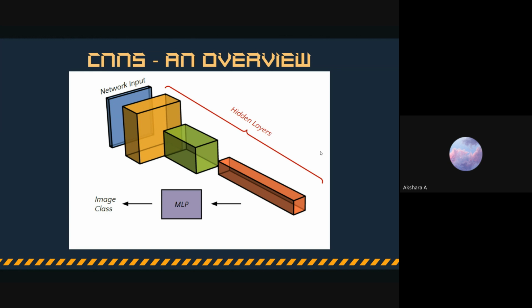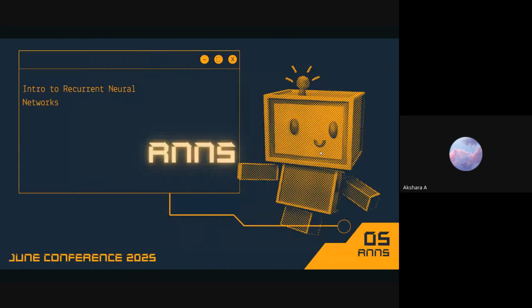This MLP acts as a classifier or regressor, depending on what you're doing with it, taking these learned features and producing the final image class prediction. So the CNN leverages convolution and pooling to effectively process your grid-like data, for example images, before using the traditional dense layers for the final output.